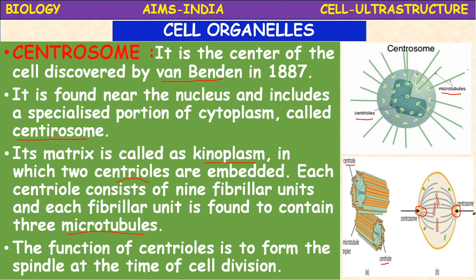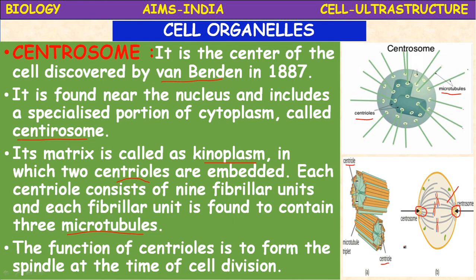These centrioles reach the opposite poles of the nucleus and form the spindle fibers, which help to hold the chromosomes in position. In this way, the centrioles help in cell reproduction or cell division.